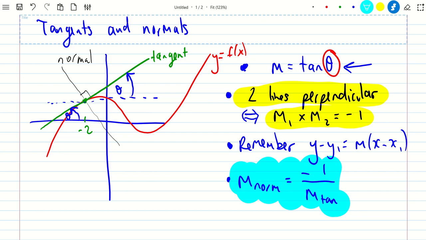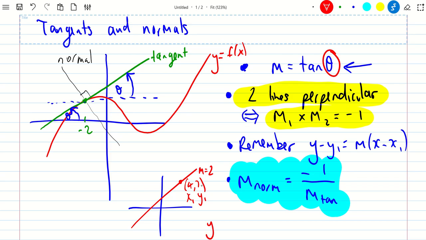The other thing to remember, hopefully from linear graphs, is that if you've got a line with a gradient of 2, say, and it goes through the point, I don't know, (4, 7), where that is x1, y1, then we can quickly write down the equation of the line.